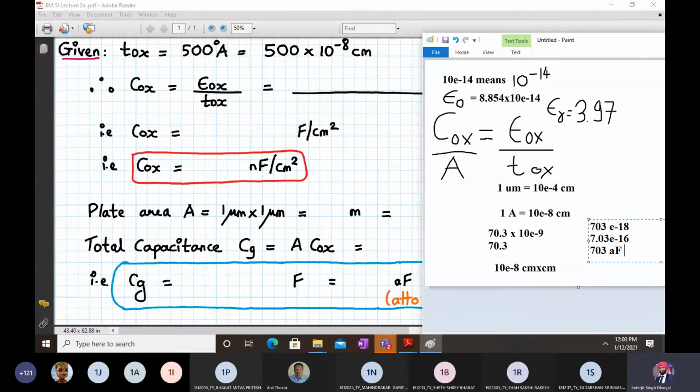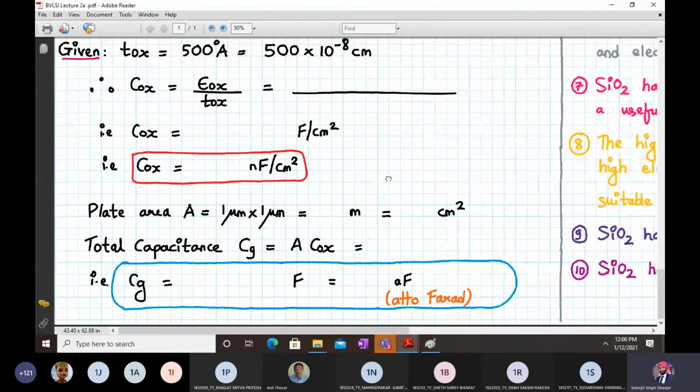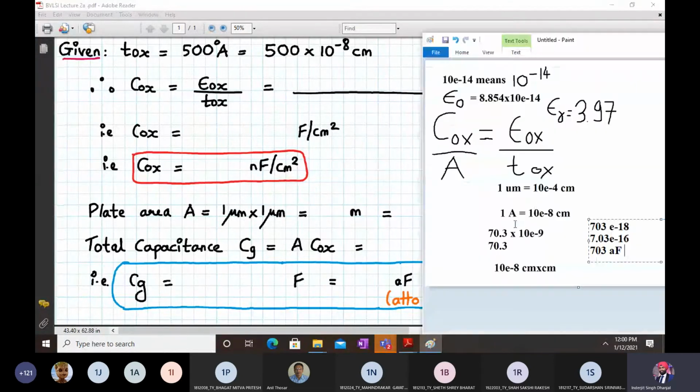That's the number you're looking for. All your answers are correct. So we have completed this numerical. COX was coming out to be 70.3 nanofarad per centimeter square and CG is coming out to be 703 attofarad. We have learned one more new unit, attofarad, 10 raised to minus 18.